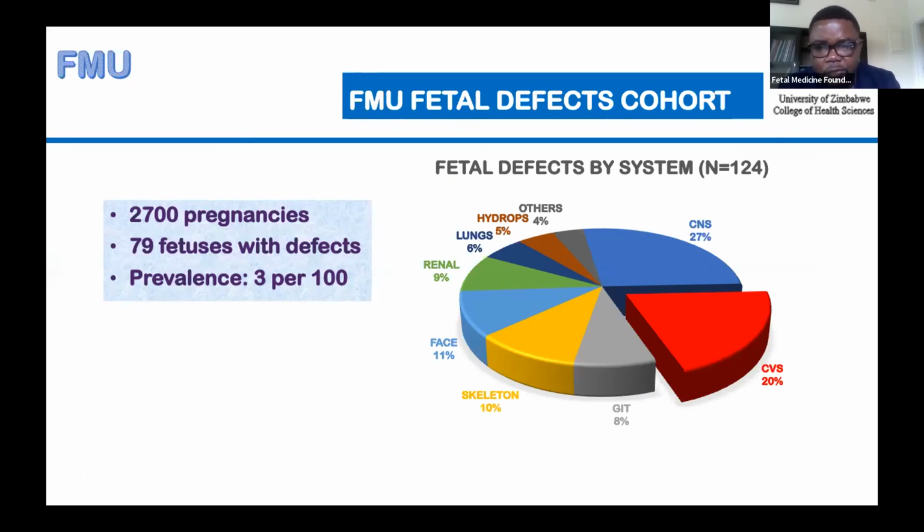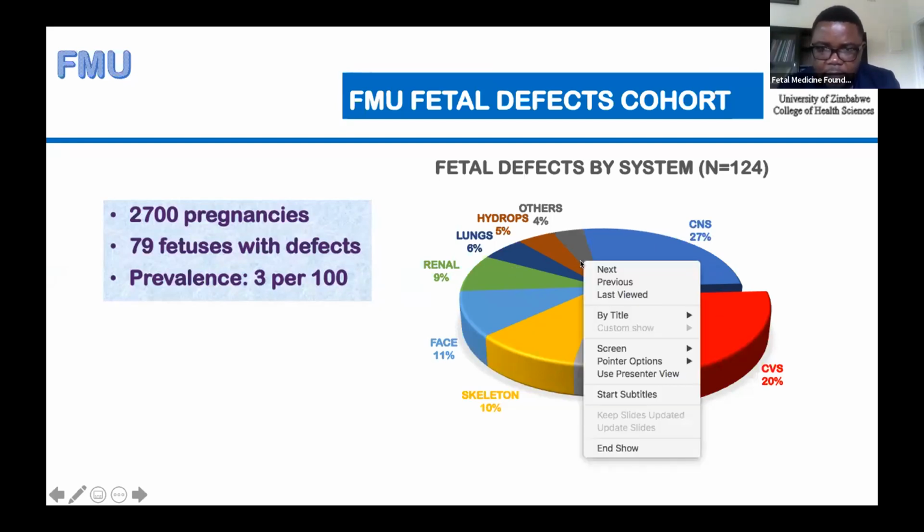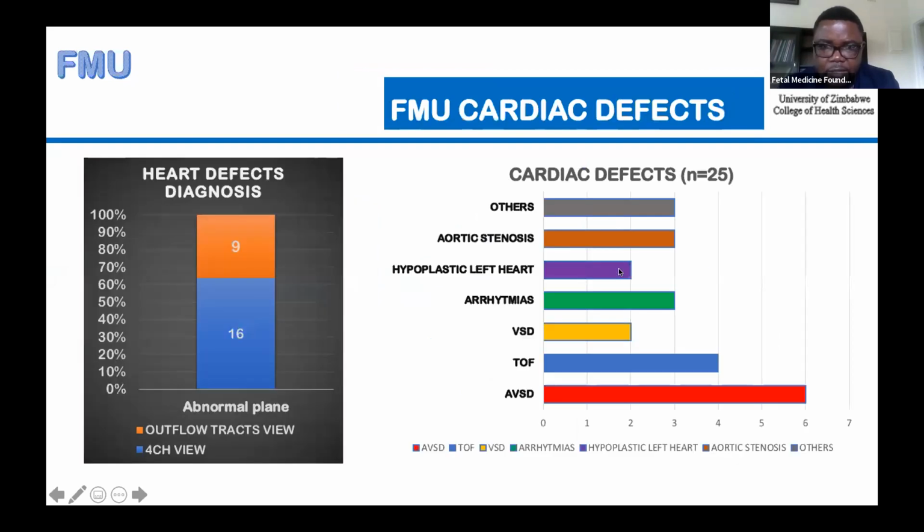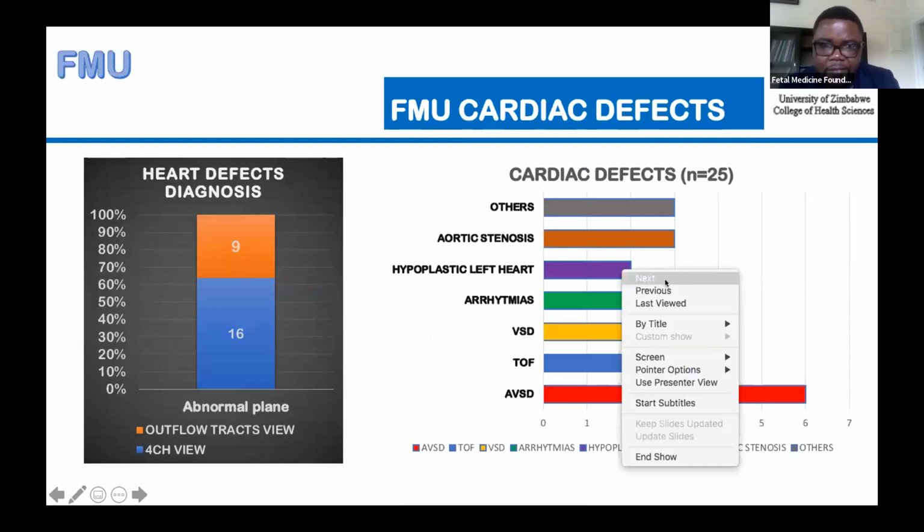The reason why it is second commonest in our case is because our screening protocol, or the people who are screening, probably are not well versed with screening for heart defects. I think that's the most plausible explanation. It is easier for most people to pick a ventriculomegaly than an asymmetry of the ventricles. So this may explain why we have these figures which differ from others.